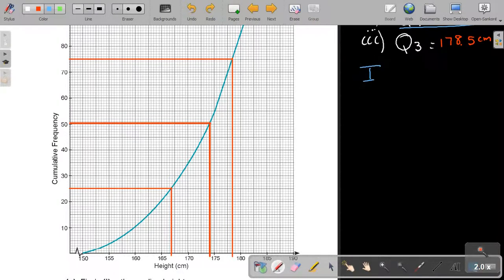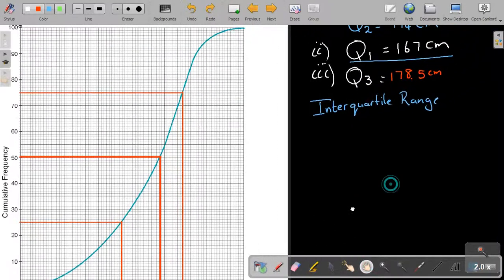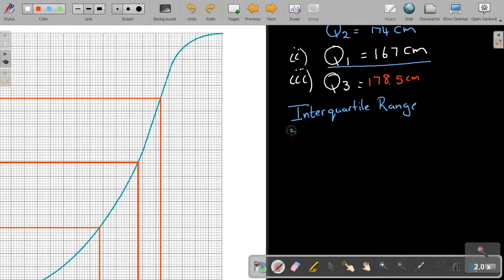Okay, and now I can find my interquartile range. That is going to be 178.5 minus 167, and that is going to give me 11.5 centimeters.